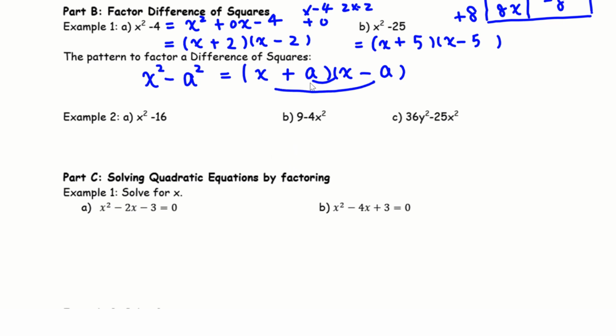Three terms, but the middle is 0, so you need ax minus ax opposite, then it gives you zero. So this one is x squared minus 5 squared. This one is x squared minus 2 squared. So you just put the square root of the first term and the second term in the bracket, one plus, one minus. We call them conjugate terms.